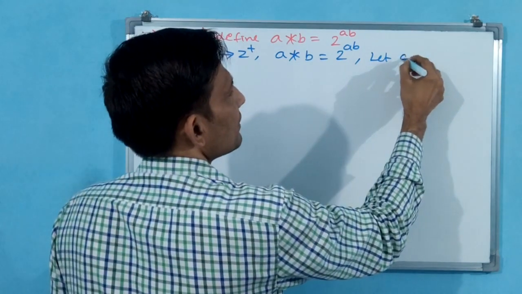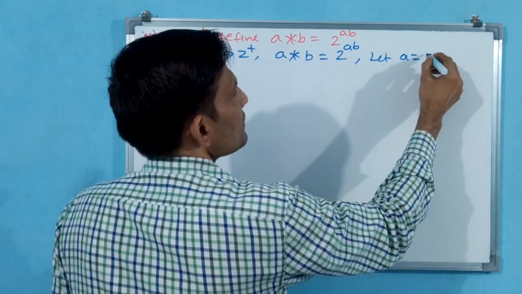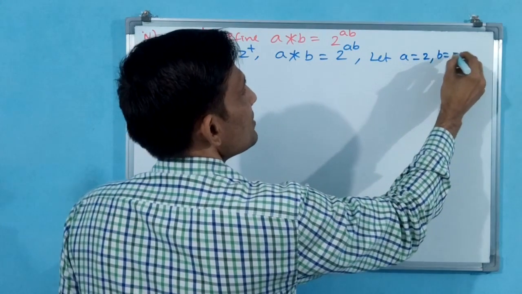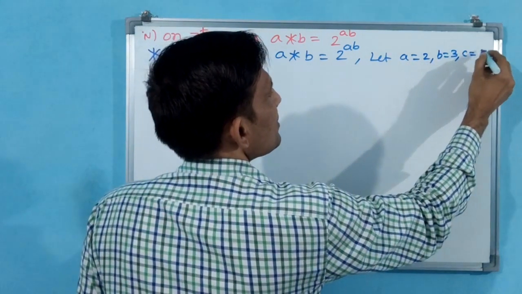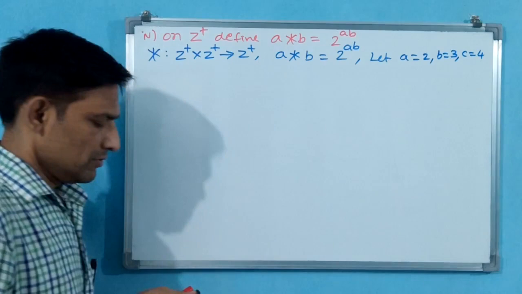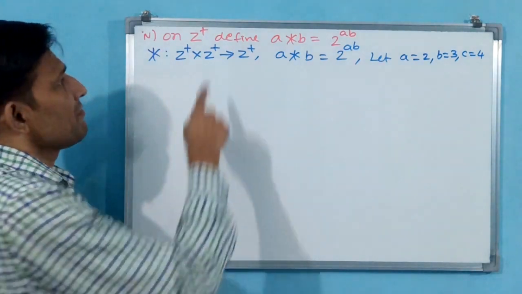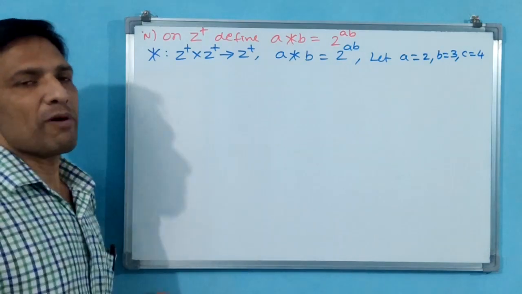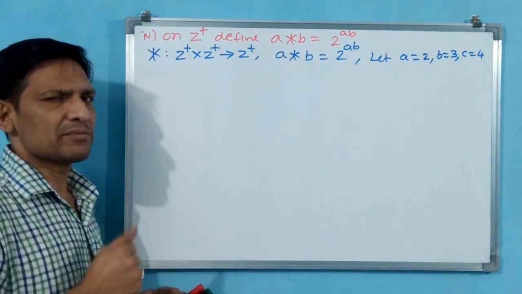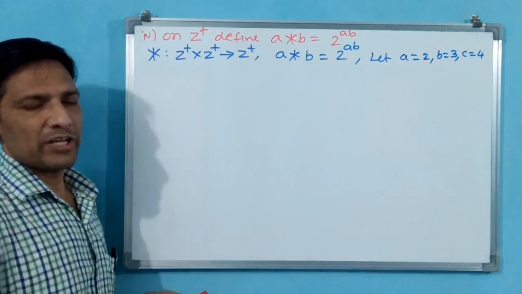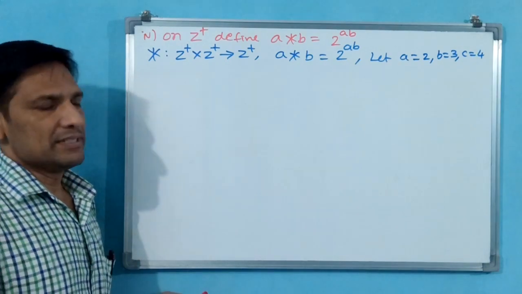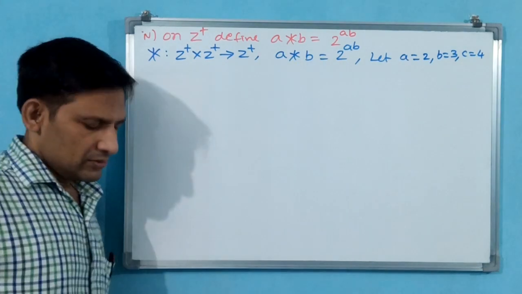A is equal to say 2, b is equal to 3, c is equal to 4. Don't take bigger numbers for a, b, c. Why? Because you have to compute powers, and 2 power 6 or 7 becomes tedious. That is why you take smaller numbers.